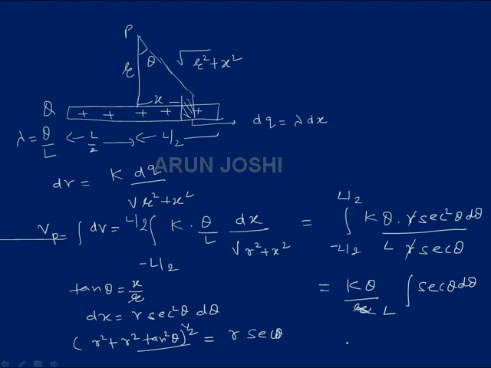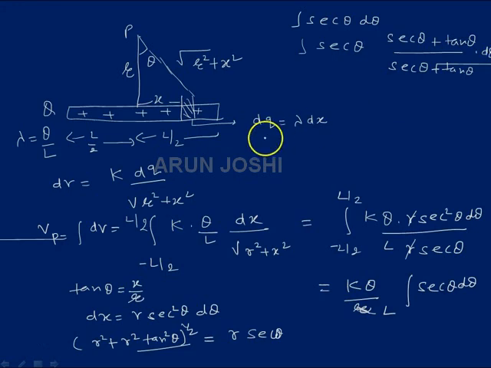Now how will you solve integration sec theta d theta? Let me explain this again. I hope all of you know, we have discussed it in the basic mathematics part. Such questions can be solved by multiplying and dividing by sec theta plus tan theta, upon sec theta plus tan theta d theta.